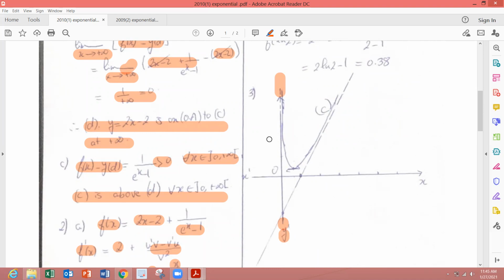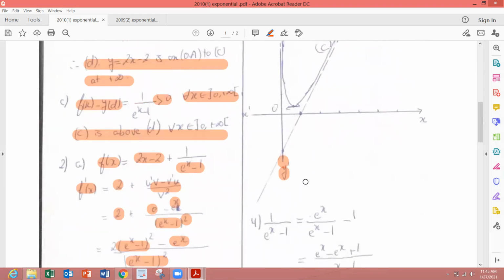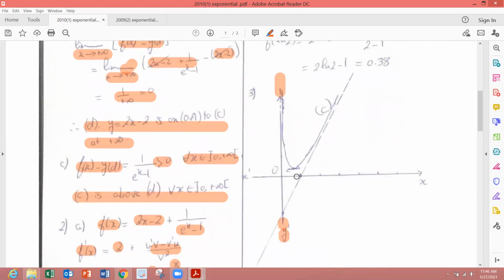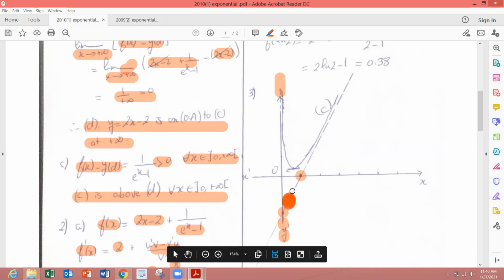We have the line of equation y equals 2x minus 2 as an oblique asymptote. To draw this oblique asymptote, at x 0, y is minus 2 here, and at x 1, y is 0. We join these two points, and we get the oblique asymptote.